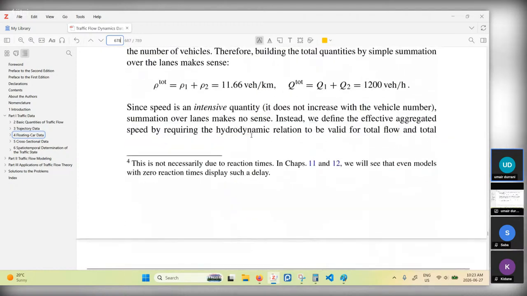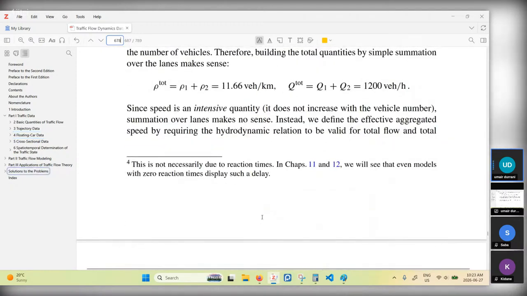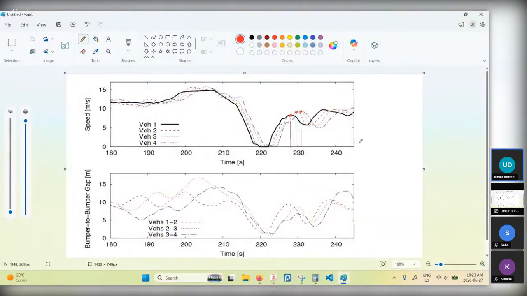There's also a footnote here. This is not necessarily due to reaction times. In chapter 11 and 12, we will see that even models with zero reaction times display such a delay. This is very interesting because on the surface, it does seem that the reason why we see the same behavior of the followers after some time lag is because of the reaction time.